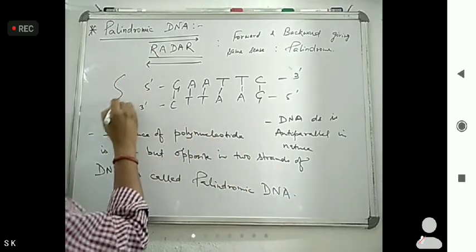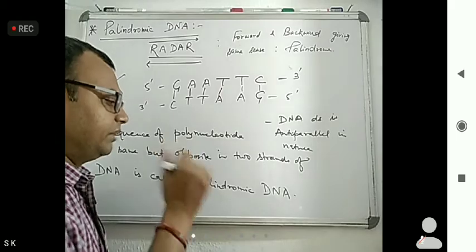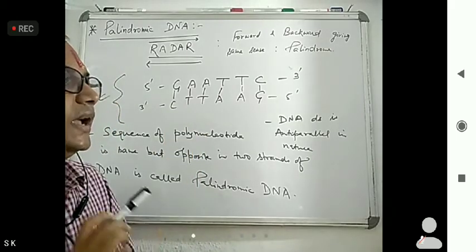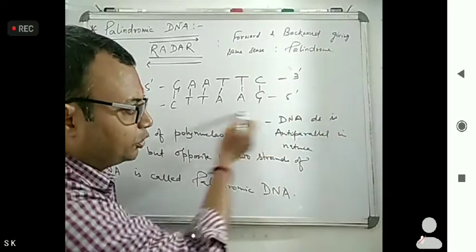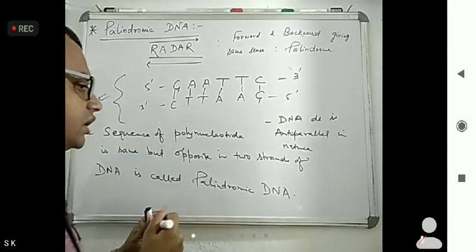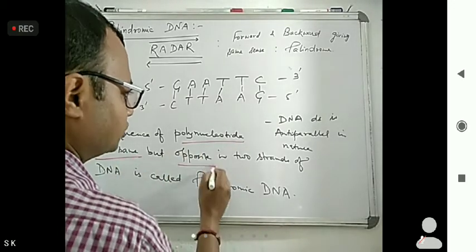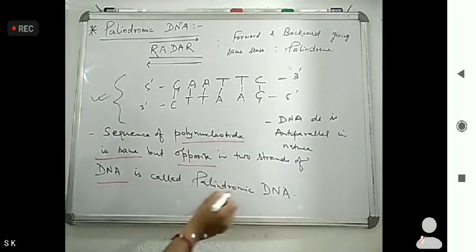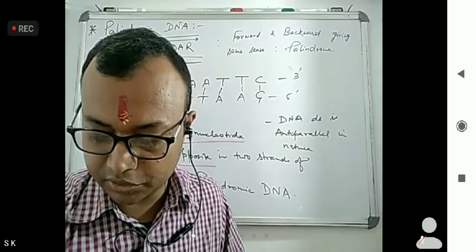There are many examples, but here we have seen GAATTC 5 prime to 3 prime, and the same opposite, GAATTC. That is known as palindromic DNA.